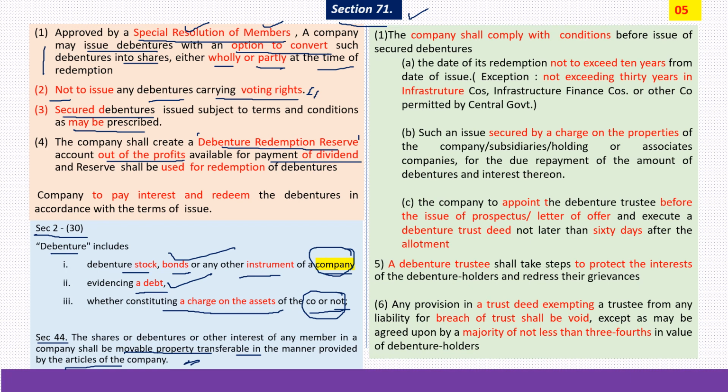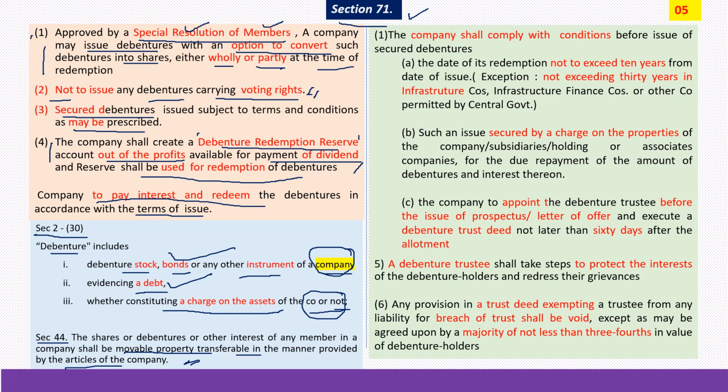And this redemption reserve shall be used for redemption of debentures. This reserve has got the spirit of ensuring prompt redemption of debentures, and company is required to pay interest and redeem the debentures as per the terms of the issue.